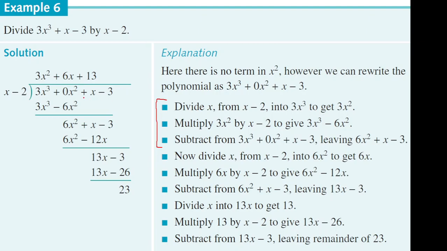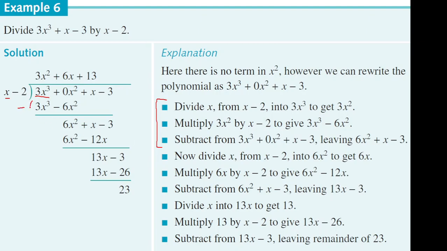You look at that leading term, you divide by x, that gives you 3x squared. And then next step, you multiply that 3x squared with the divisor. That gives you 3x cubed minus 6x squared.